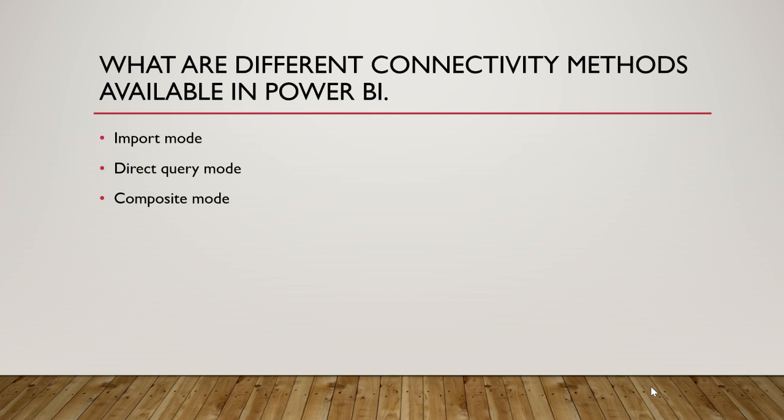That is called direct query mode. So generally direct query mode is used when we have to show some kind of live data, and import mode is used where live data is not required.